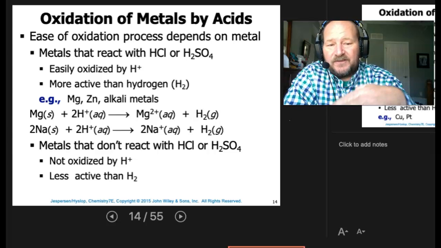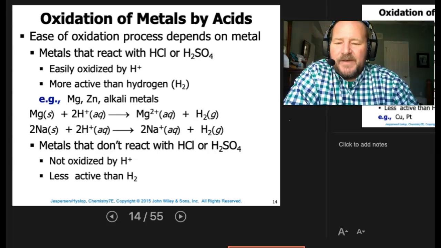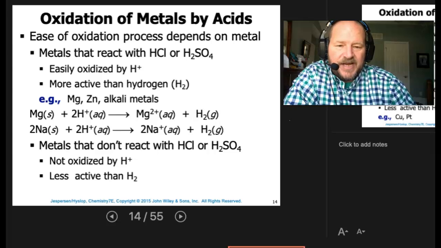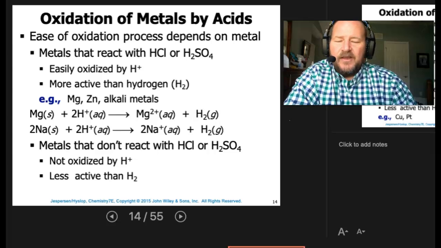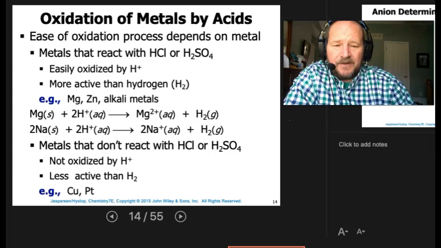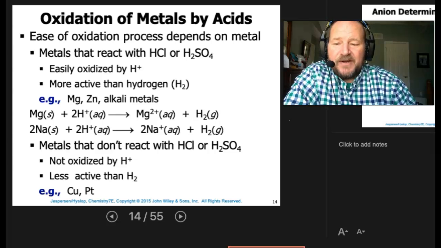Then there'll be metals that are underneath it, and metals that are above it. The metals that are above it are the ones that are more active than H2 gas, right? And the ones that are below it are going to be less active, like copper and platinum, right? A lot of the jewelry we wear are typically metals that are less active than hydrogen, so they don't react with the acids at all.